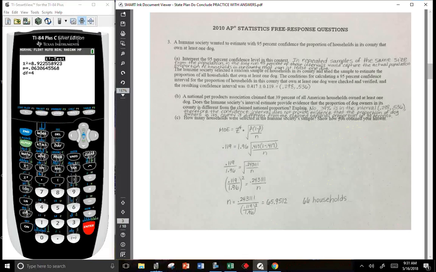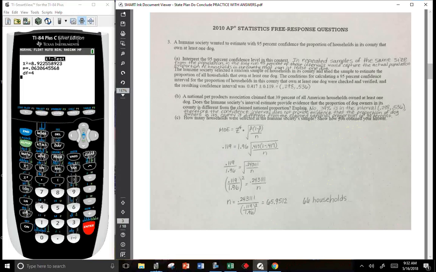What's after the plus or minus? Because we're going to need this in the next problem. Margin of error, okay? Everything after the plus or minus is the margin of error. Margin of error is made up of the critical value times the standard deviation. But since it's one number, those two things have made that one number. And that's our margin of error. Do y'all follow me? You get where I got my interval from?